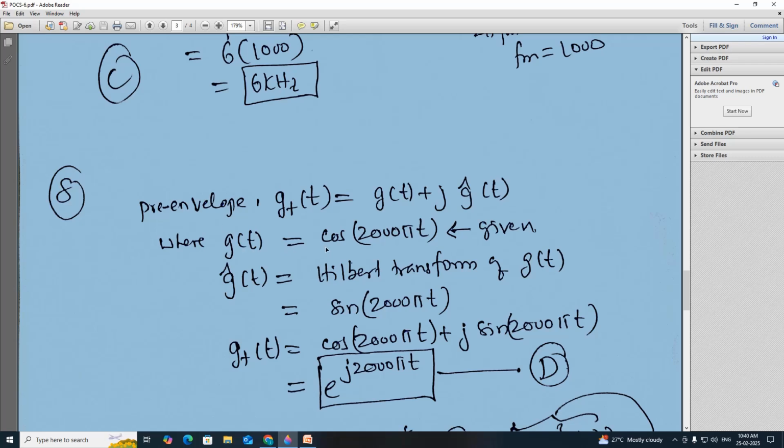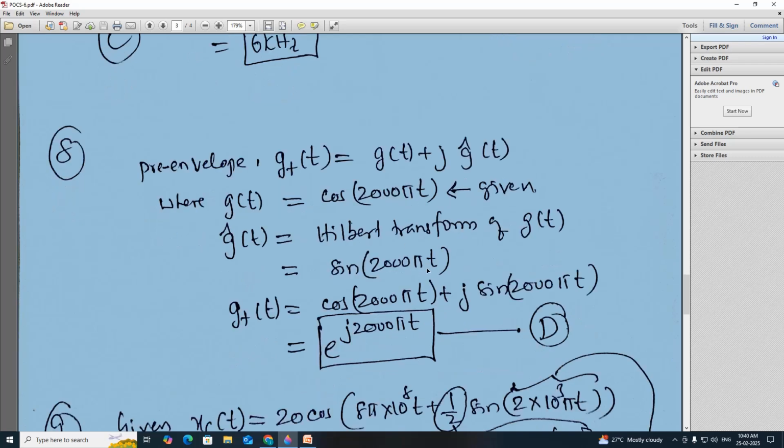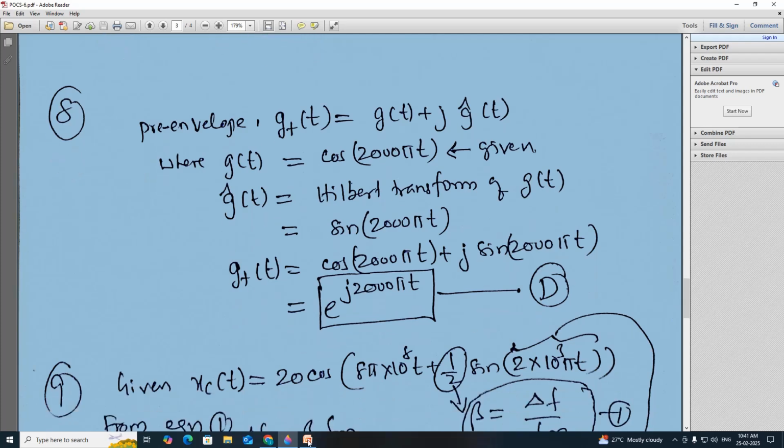Here g of t is cos 2000 pi t, and the Hilbert transform is sin 2000 pi t. Substituting, you get cos 2000 pi t plus j sin 2000 pi t. This is nothing but e power j 2000 pi t, since e power j theta equals cos theta plus j sin theta. Option D.